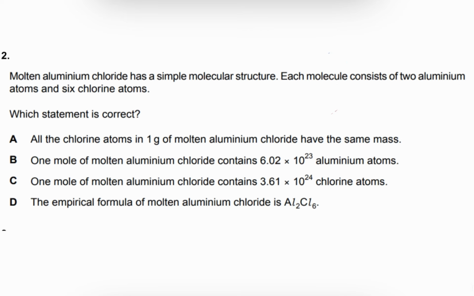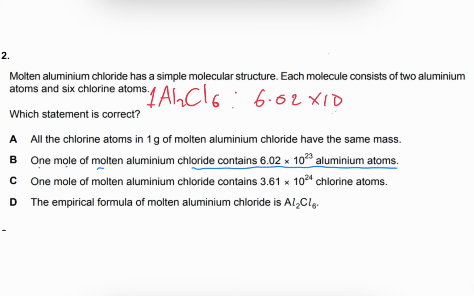Let's go to B. B says 1 mole of molten aluminum chloride contains this number of aluminum atoms. So we can go for the same ratio in here. This is a molecule of aluminum chloride, and each 1 mole of aluminum chloride contains 6.02 times 10 to the power 23.